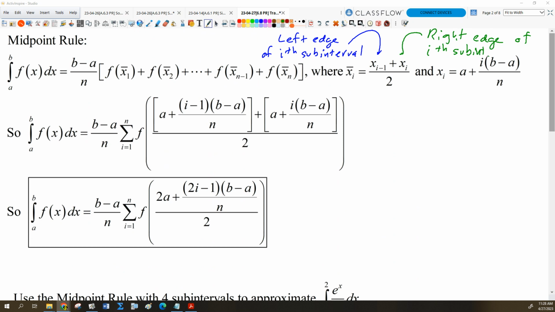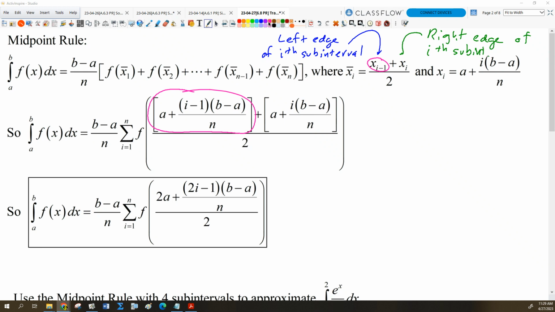We're just going to sum up f of x sub i as i goes from 1 to n. So what is x sub i? Well, it's x sub i minus 1, which is just a plus i minus 1 times delta x. And delta x is b minus a over n, right?